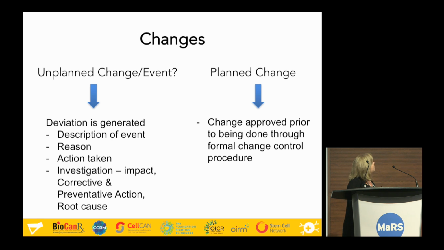So you have to describe the event, talk about the reason, and that takes some digging to find out why it happened and what actions were taken to correct it, and then a whole investigation has to be done to figure out what the impact of that was, and then you have to put in corrective and then preventative actions so that it doesn't happen again, and finding out and digging a little further and finding out what the root cause was.